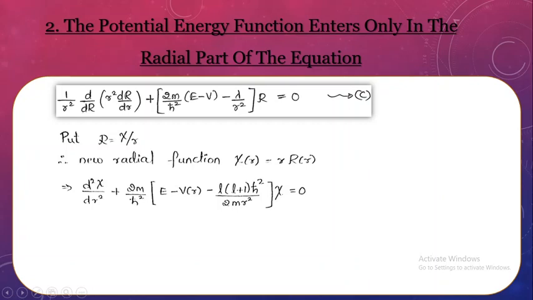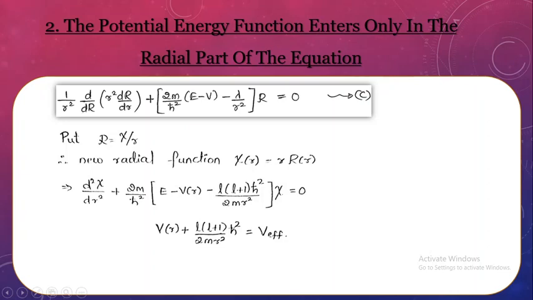So actually, when we had considered capital R as the radial part, we had only two energy terms, that is E minus V of R. But here for the new radial function, we have an additional term, and we consider this total term as the effective potential term, that is V effective equals V of R plus l into l plus 1 into h cross square by 2 m r square.